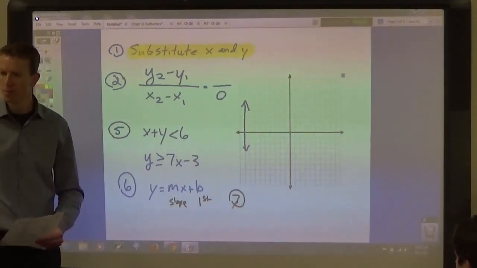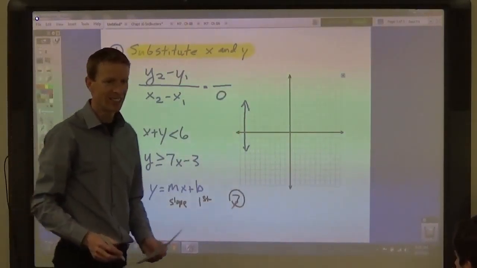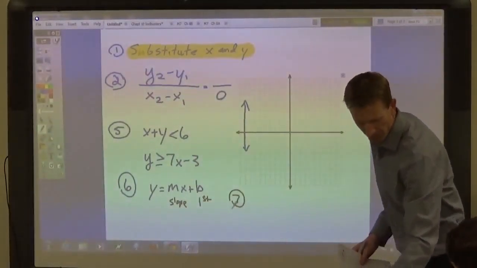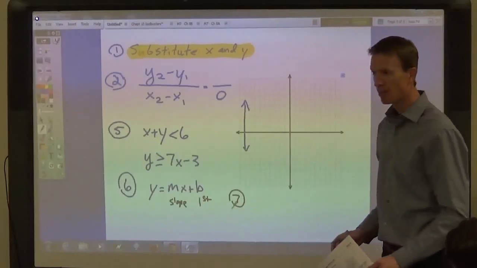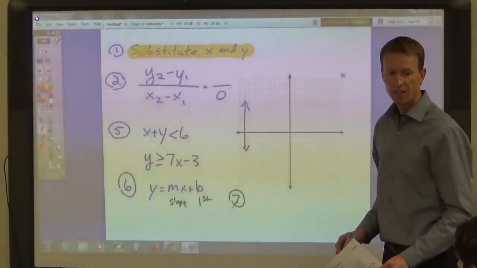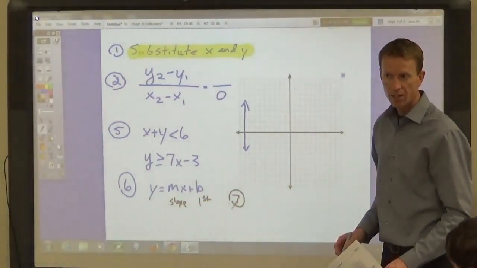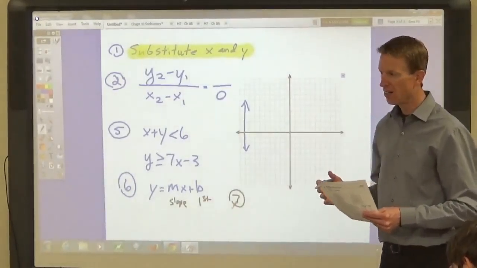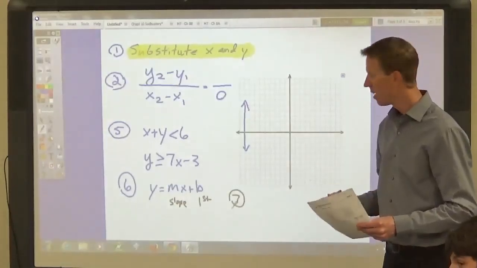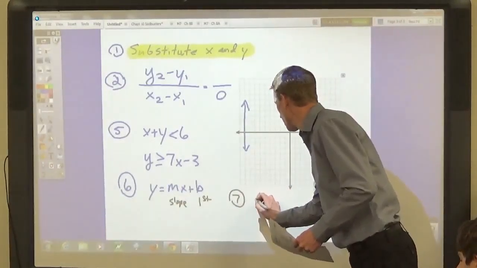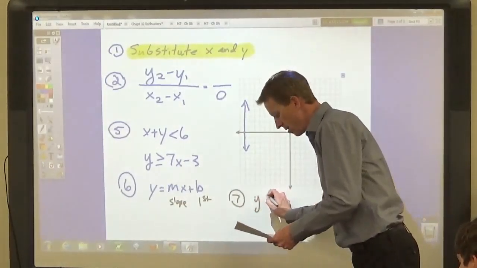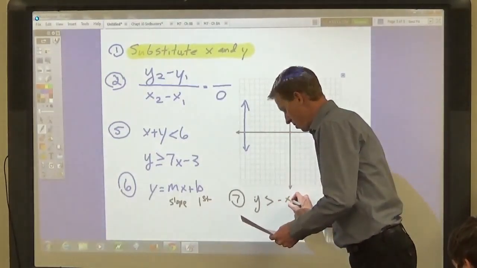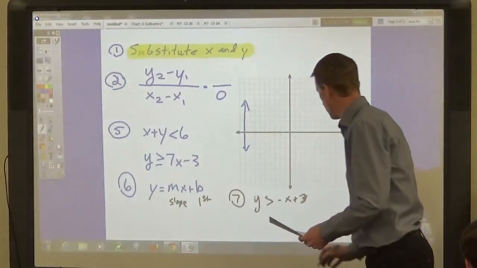No. It's not an equation. Number 7 is in slope-intercept form, but it's an inequality. So we have to use a specific type of line. What line should we use? Dash. A dashed line, right. And this one is y is greater than negative x plus 3.